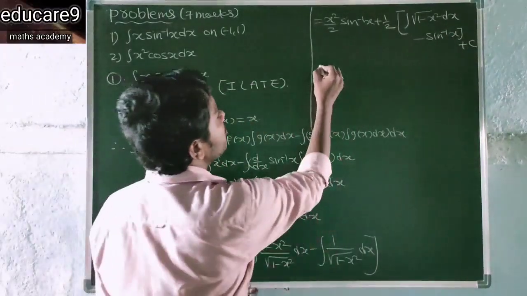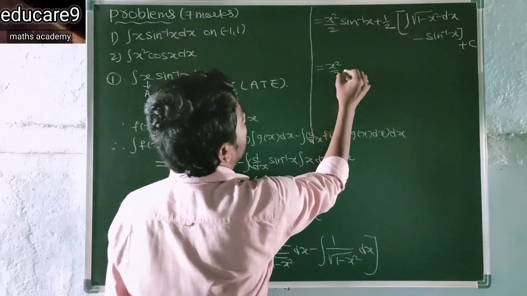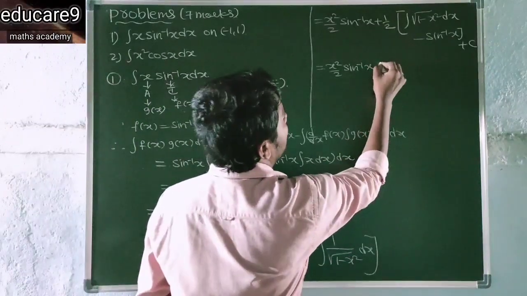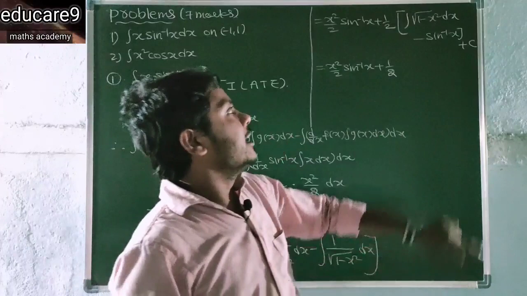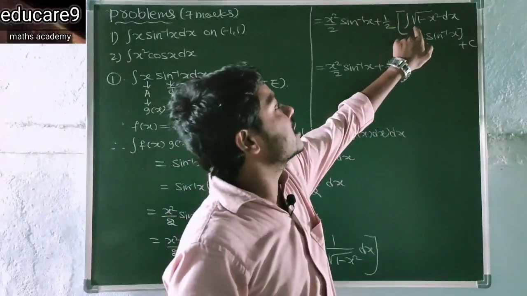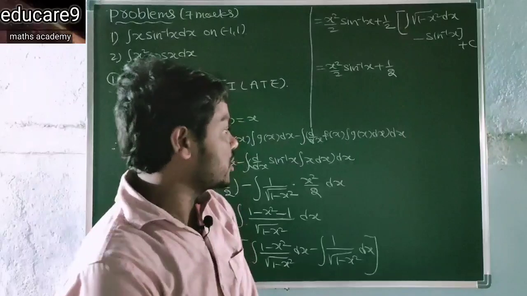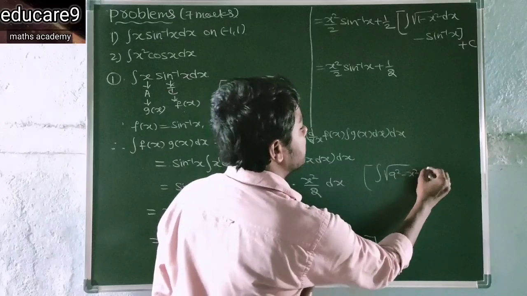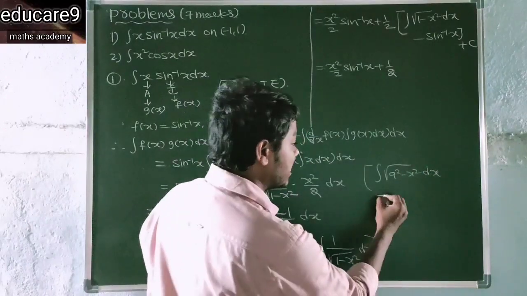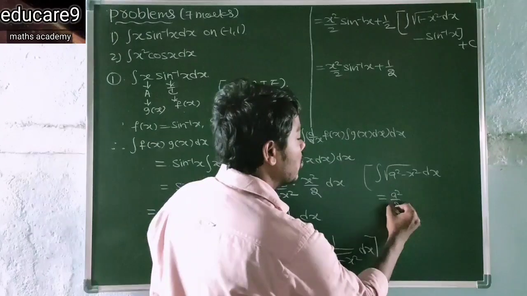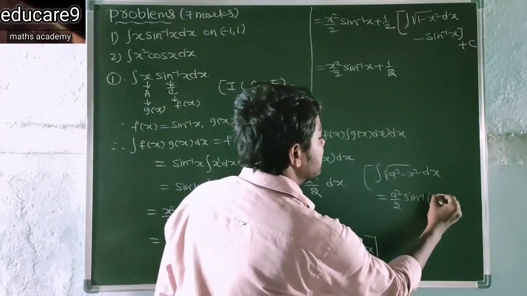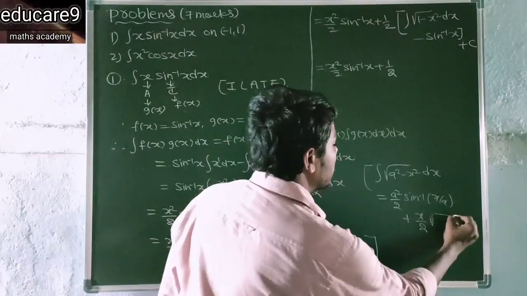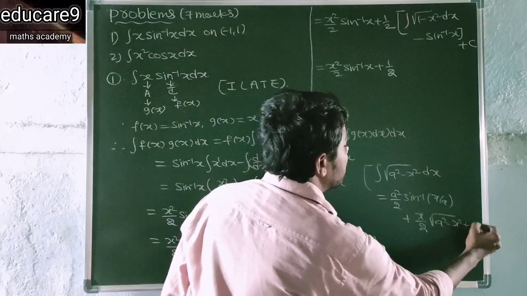Okay. Now this is what, x square by 2 sin inverse x plus 1 by 2 in, and here it is in the form of integration of square root of a square minus x square. So see here the integration of square root of a square minus x square dx formula. So what is that? That is a square by 2 sin inverse x by a plus x by 2 square root of a square minus x square plus c.